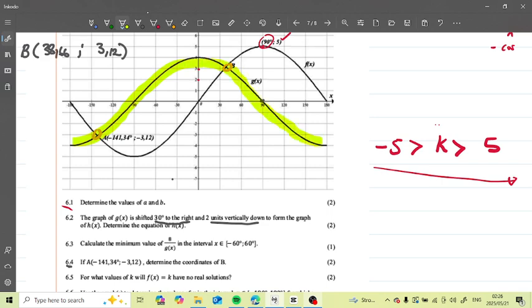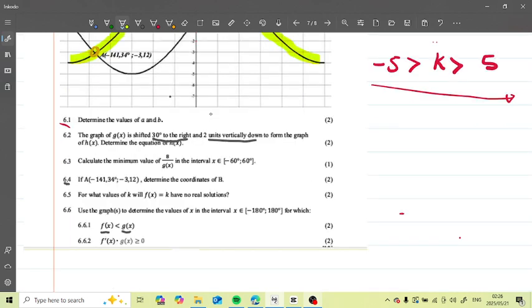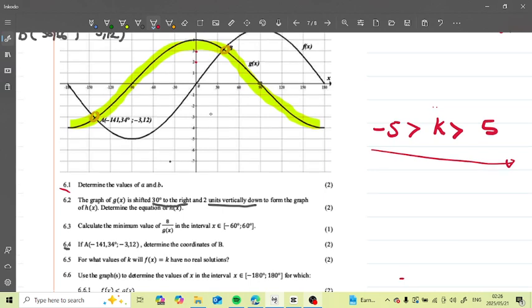And this is my g of x graph in green. And remember, I need to show them, as mentioned here, where my g of x is above my f of x. Now, as you can see, this is the portion of the graph whereby my g of x is above my f of x. This portion right over here.